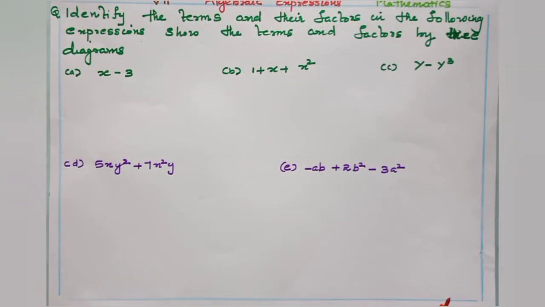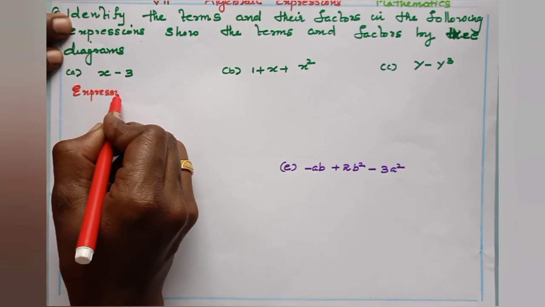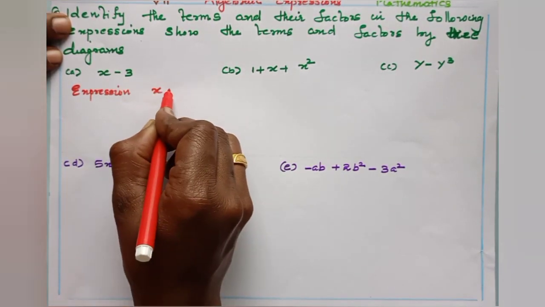Okay. Identify the terms and their factors in the following expression. Show the terms and factors by tree diagram. So here the given expression is x minus 3.